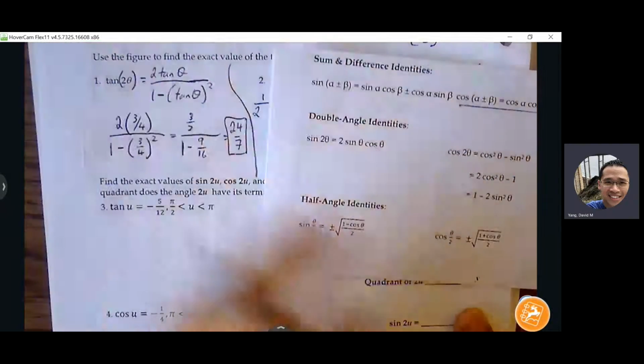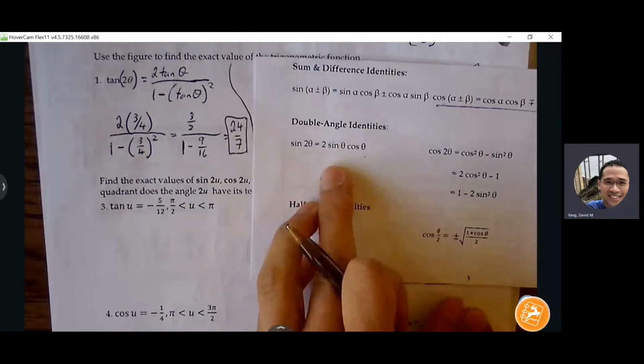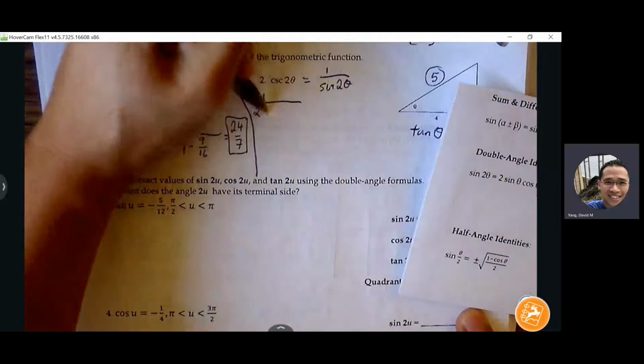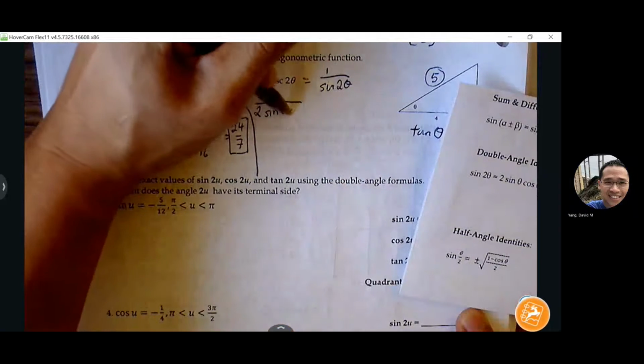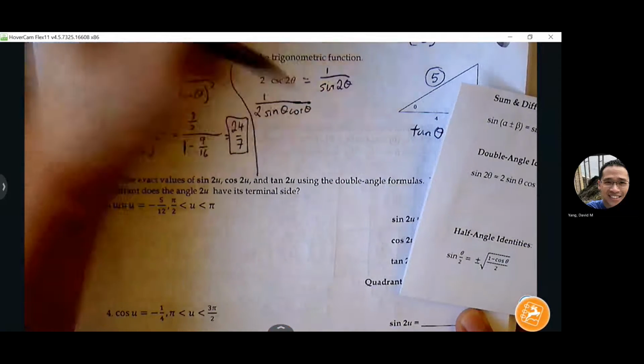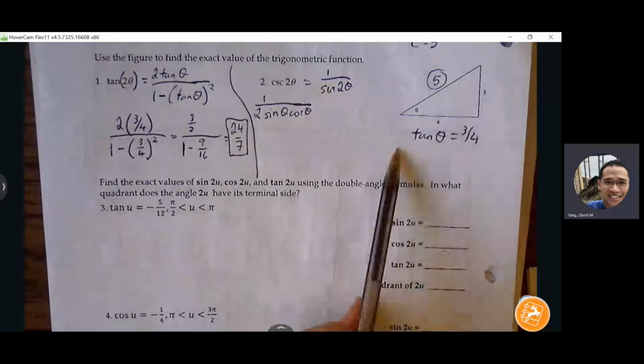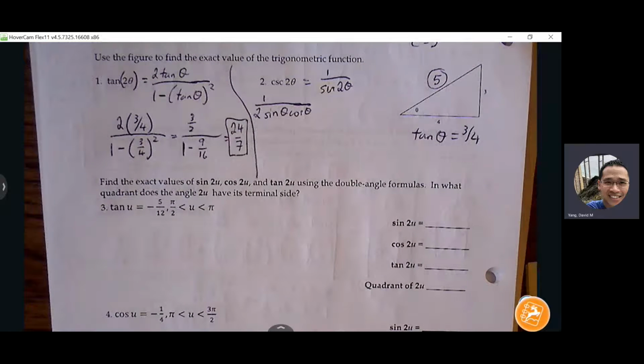Sine of 2 theta can be expanded out to be 2 sine theta cosine theta. And now we just have to replace with appropriate trig ratios.